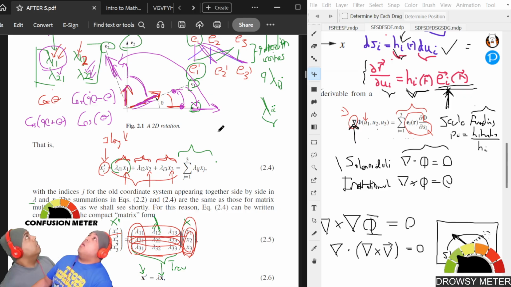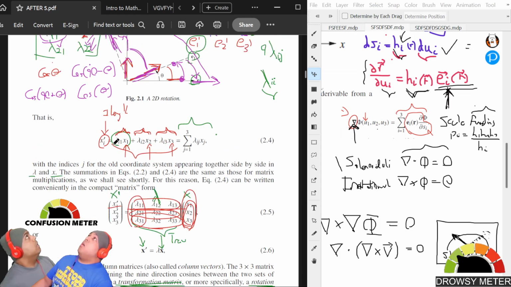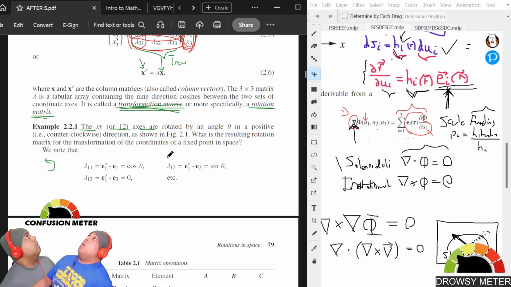Sine theta equals cos 90 minus theta, yeah. I guess I'll write this down. Where am I writing this down? Might as well write it down right here. Sine theta equals cos 90 minus theta, and the opposite is also true. Cos sine.